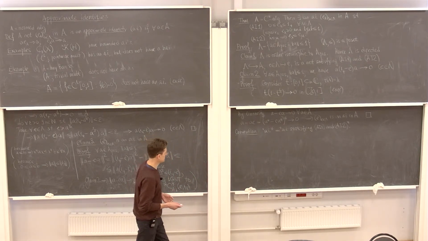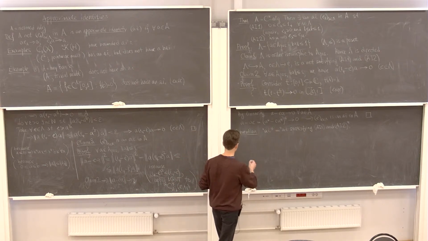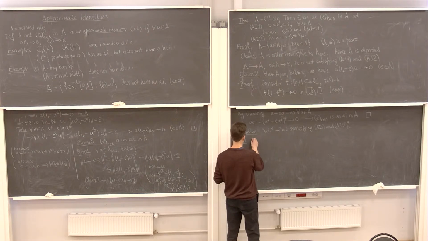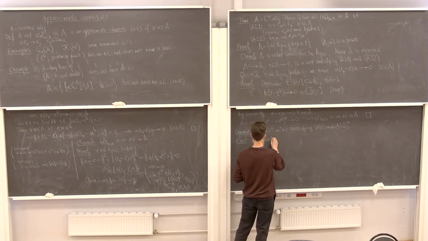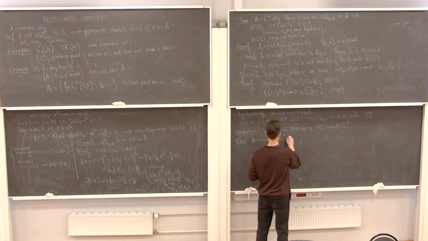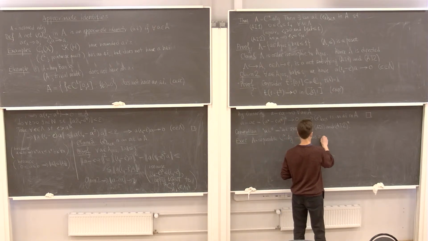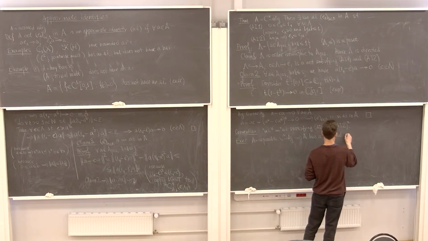And this is, in fact, a rather usual phenomenon. So I recommend you the following exercise. If A is a separable C-star algebra, then A has a sequential approximate identity.